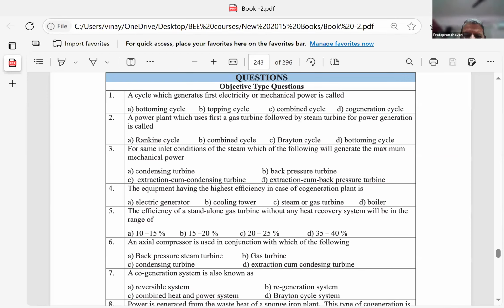The equipment having the highest efficiency in case of a cogeneration plant. Electric generators, yes. Remember always, boiler is hardly 85%.